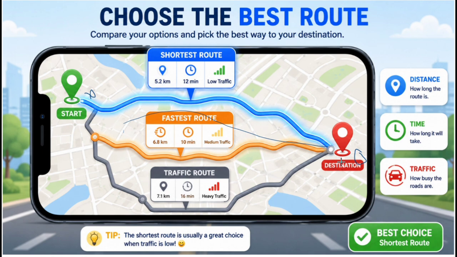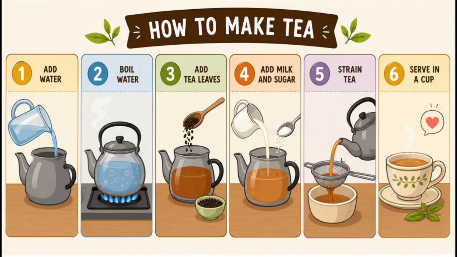Let's understand step-by-step instructions by again looking at the tea example. See, the instruction is too broad if I just tell a person, make tea. It's a very broad topic: how, when, what.